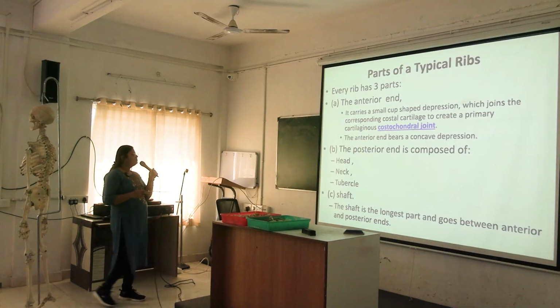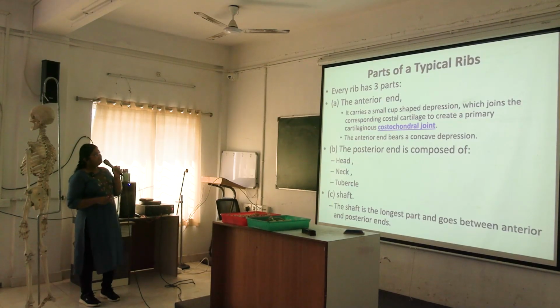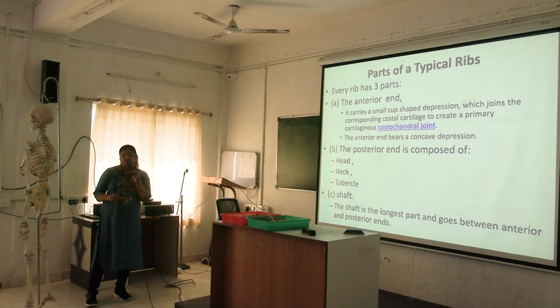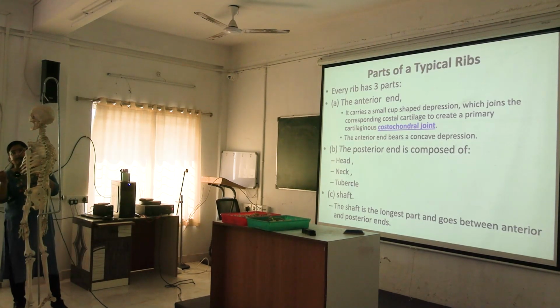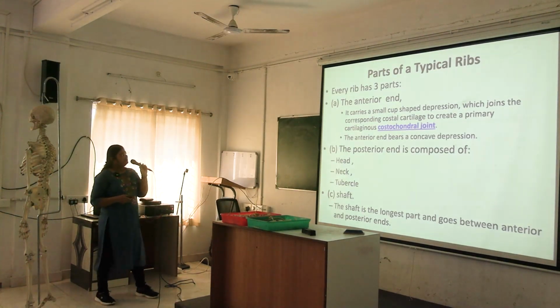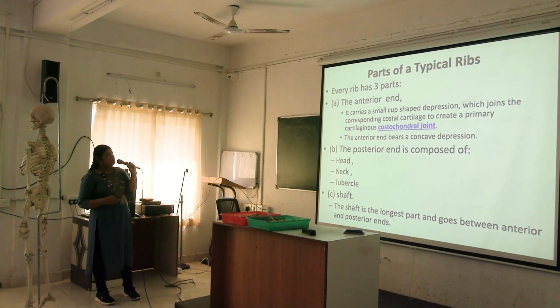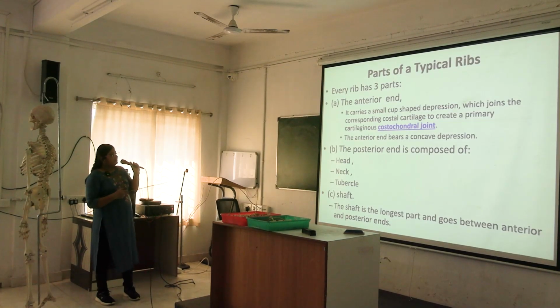The anterior end carries a small cup-shaped depression which joins the corresponding costal cartilage to create a primary cartilaginous costochondral joint. An anterior end bears a concave depression which holds the costal cartilage, and the posterior end is composed of three structures: head, neck and the tubercle.